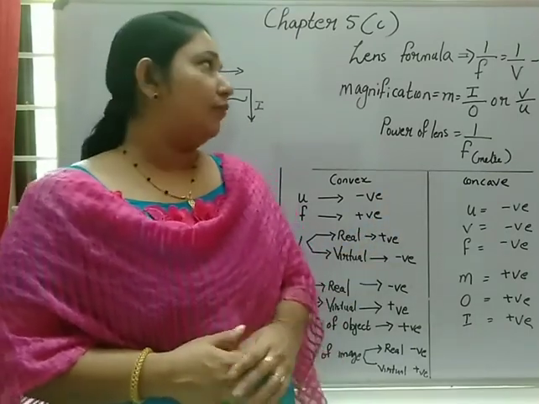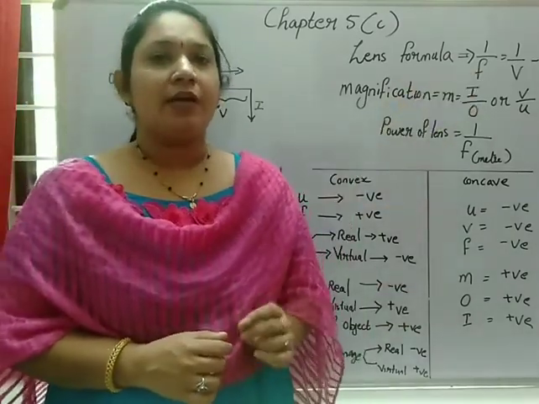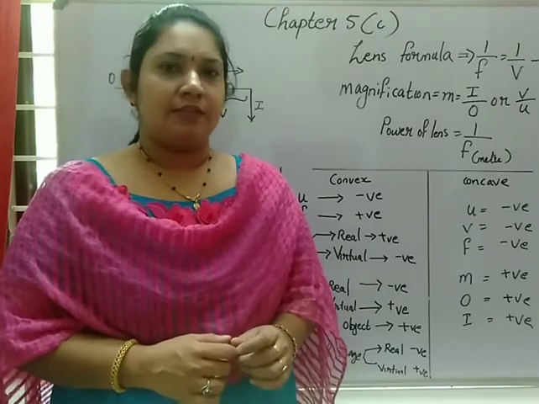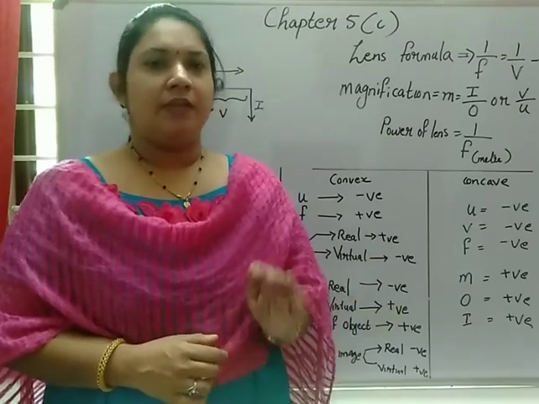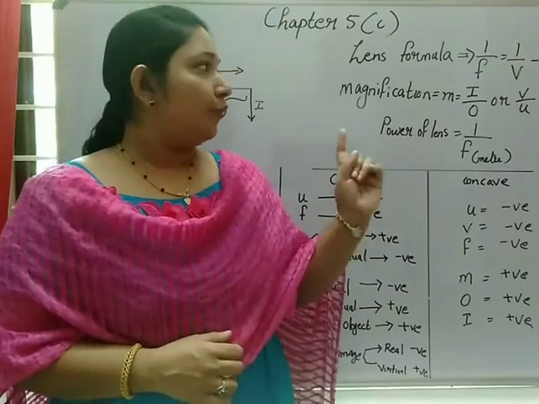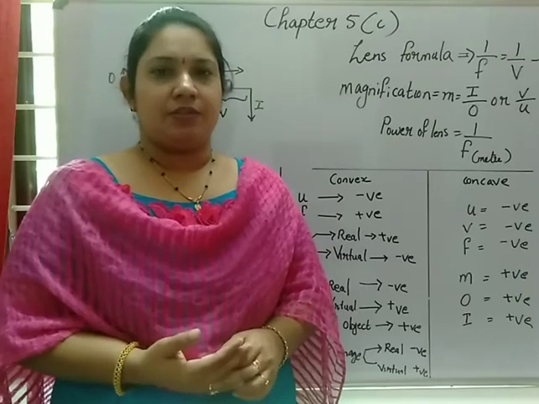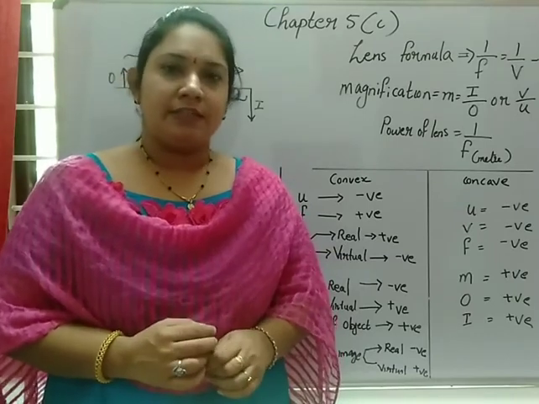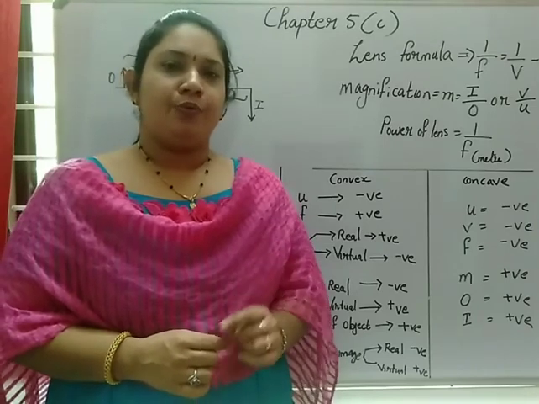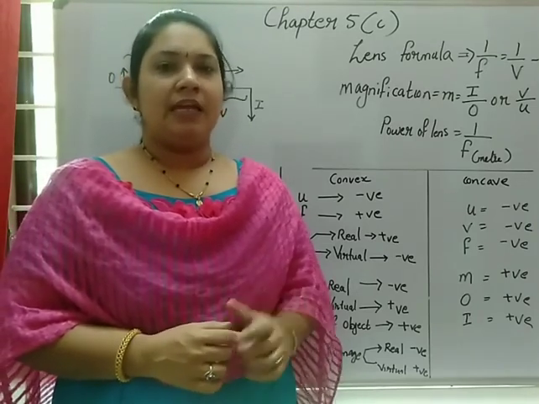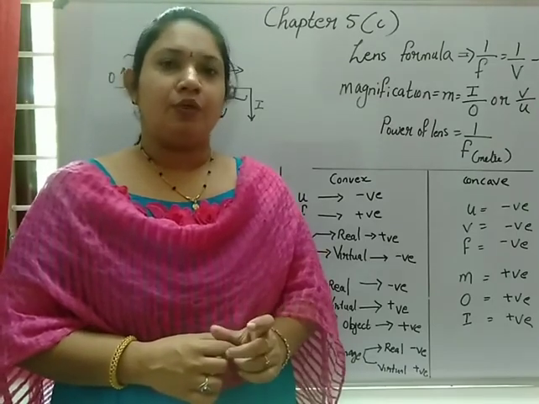Now let me explain what is F, V, U and all. F means the focal length of the lens, either concave or convex. V means distance between lens and image. And U is the distance between lens and object.